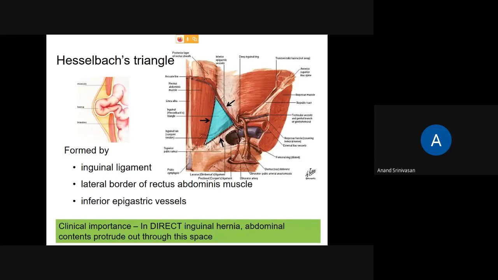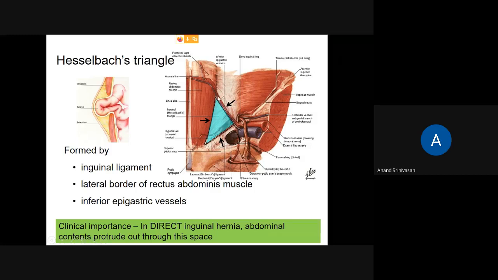That was surgical. What I told previously was clinical. Clinically, you press over the deep inguinal ring and ask the person to cough. If the swelling does not come out, it is an indirect hernia, right? Now, surgically, how can I find out if it is a direct or indirect hernia?